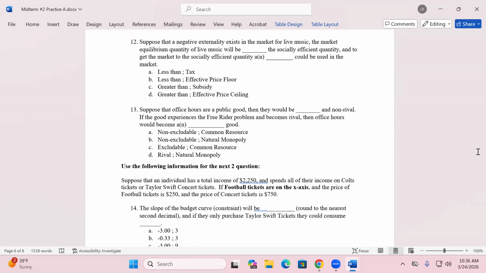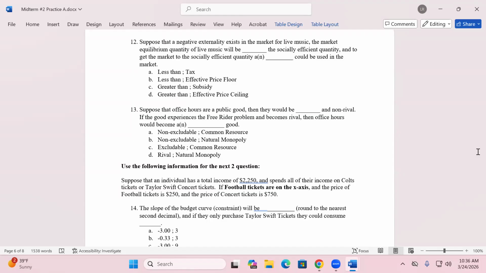Okay? And then the second part of this one is, if I've got the free rider problem, then they become a what? The free rider problem was the idea that we see something be overused, or essentially a public good goes from being non-excludable and non-rival to, in my example, it's still a free public park. It's still non-excludable.